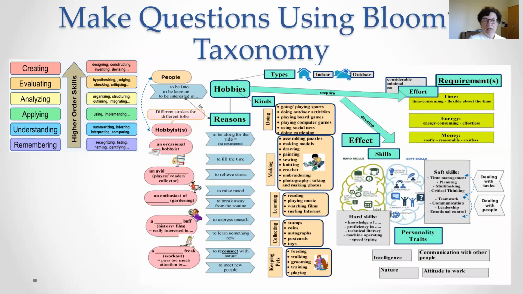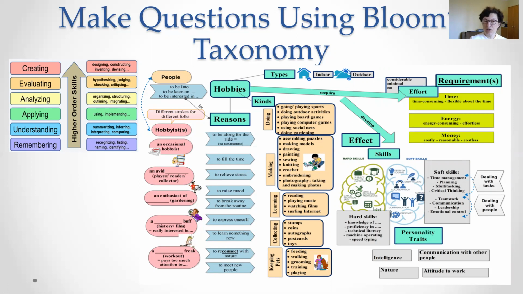And as has already been mentioned at this symposium, we were able to use all stages of Bloom's taxonomy, because we started with listing and recognizing what the hobbies are. Then we compared the types of hobbies. Then we thought of the possible hobbies for people of different ages.